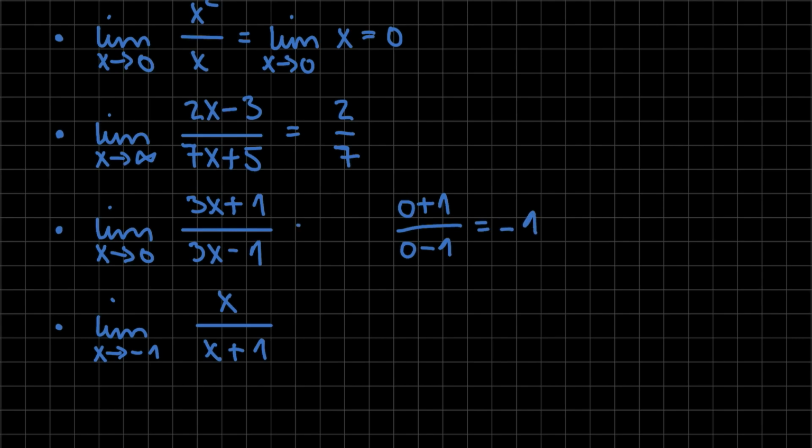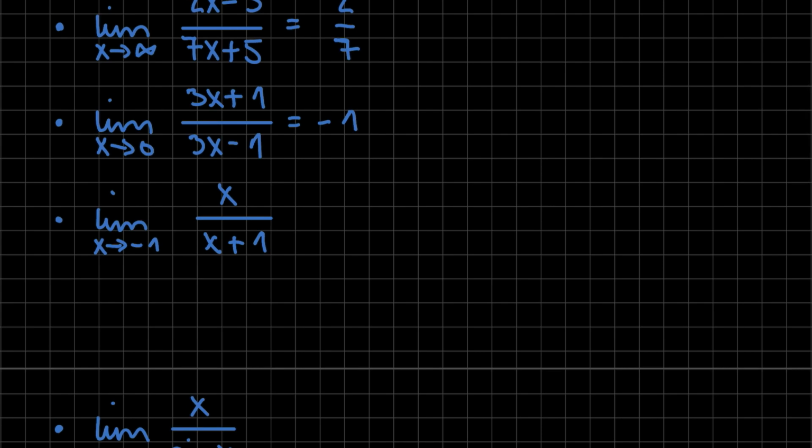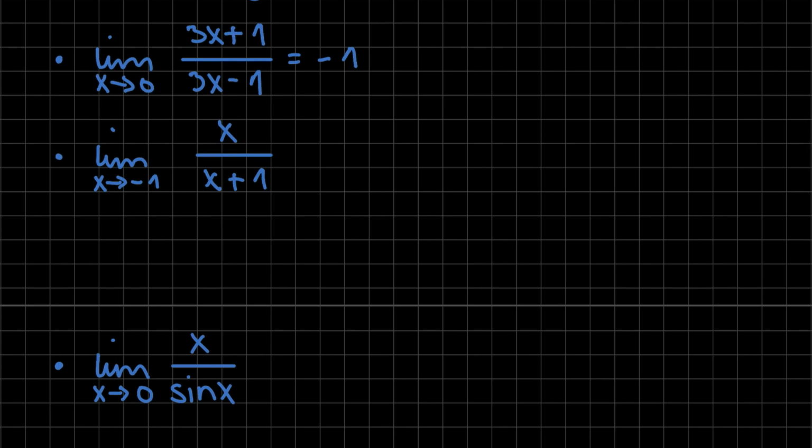So that's our final answer. We can't just use L'Hopital's rule because we don't have a form of 0 over 0 or infinity over infinity, and that's required. So we have to just use direct substitution.